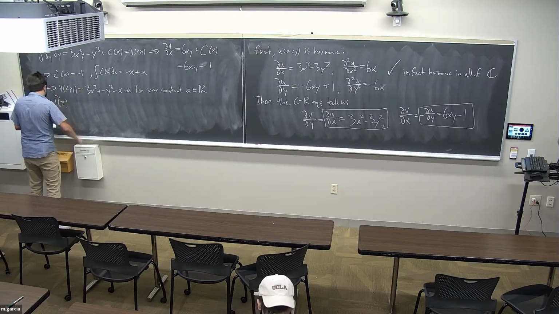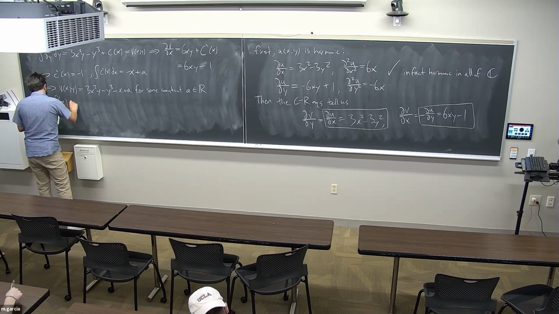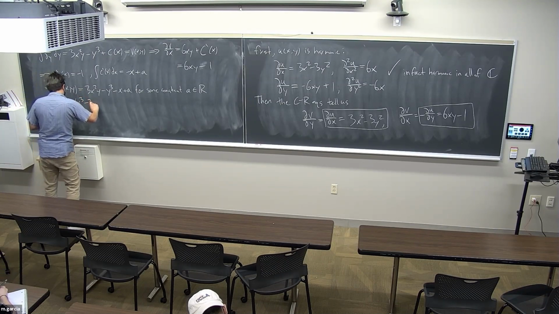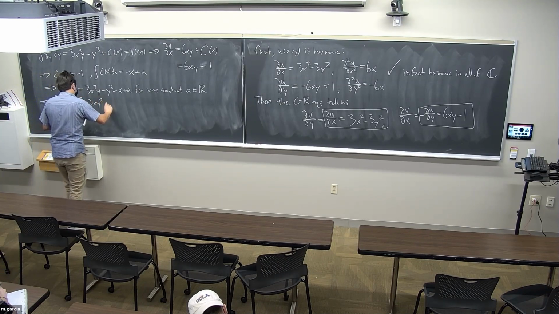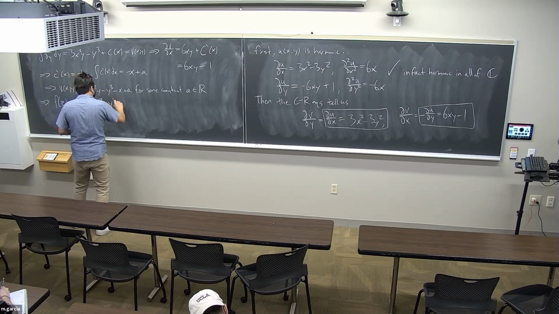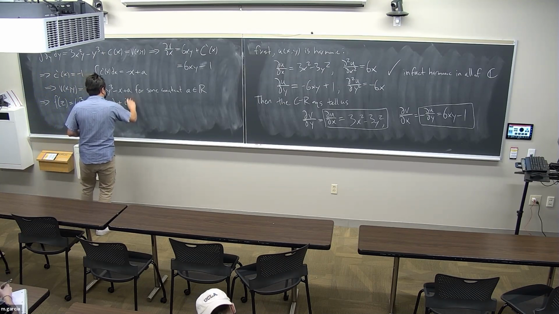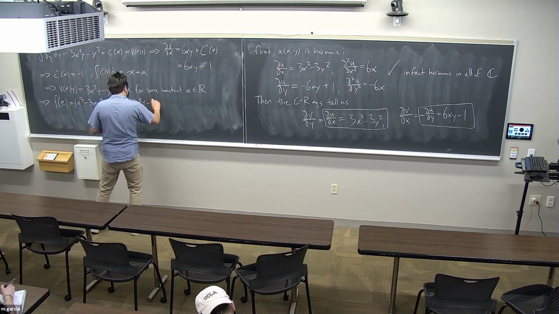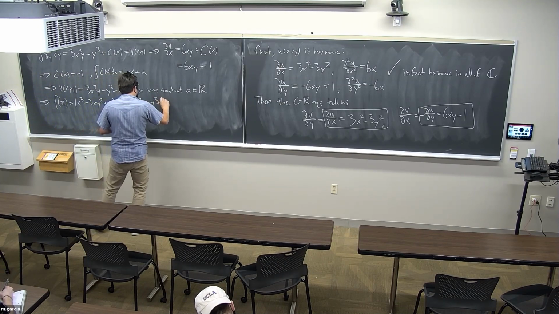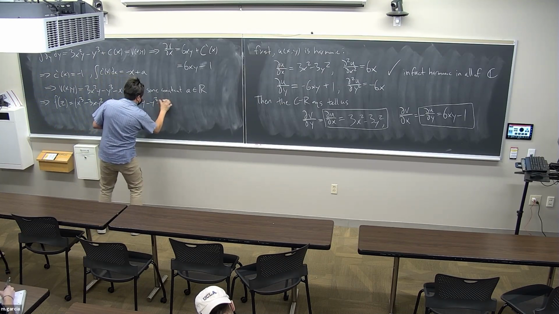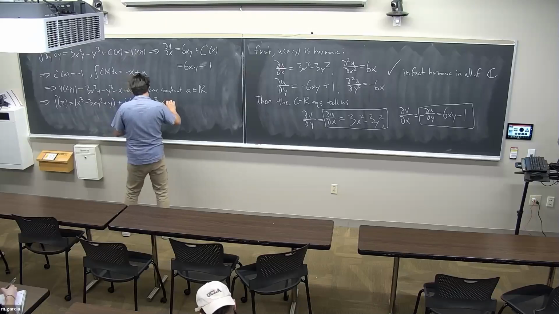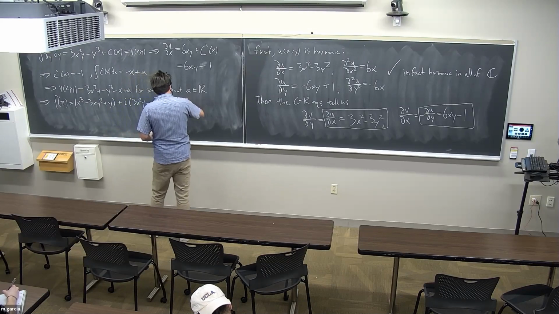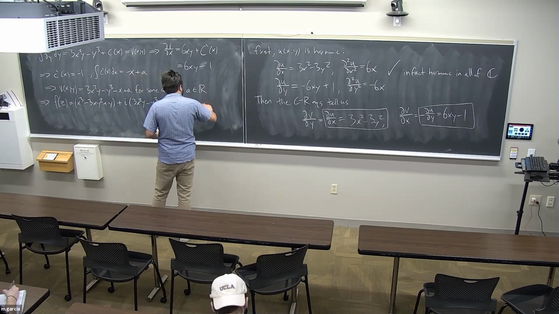Our analytic function f of z is given by x cubed minus 3x y squared plus y plus i times 3x squared y minus y cubed, minus x plus a, for any a.